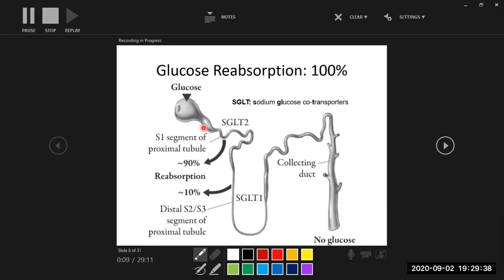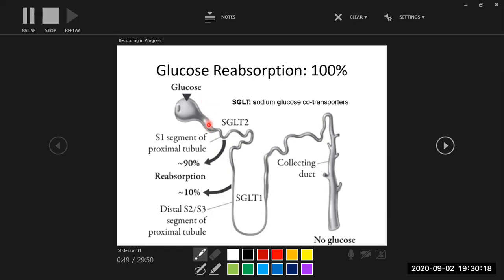So basically within the threshold, which in some literature is about 180 grams per milliliter, something like that, you get 100% reabsorbed. So it's not like a portion, not like 65% or 80% or something percent. If your fluid has less than this amount, it's all reabsorbed. So that's the glucose reabsorption. It's different from the salt reabsorption.